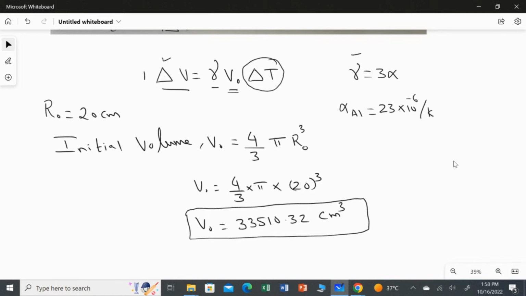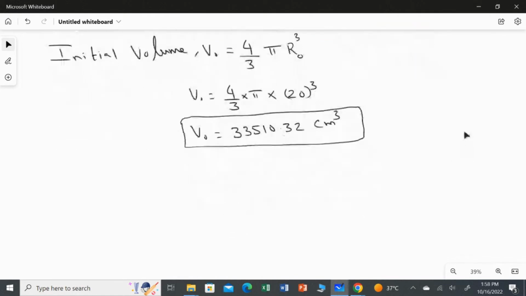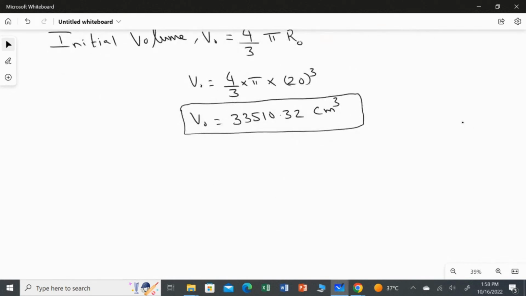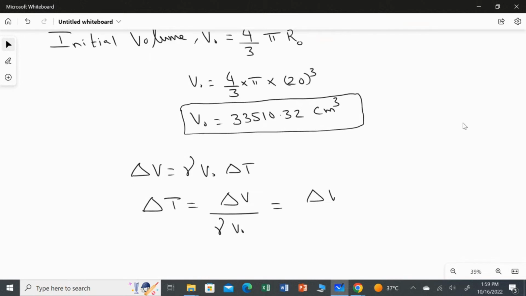Now we are going to use this equation for finding the value of delta T. Delta V is equal to gamma V naught delta T. We are going to find the value of delta T, so I'm going to rearrange this equation. Delta T is equal to delta V over gamma V naught, where gamma is equal to 3 times alpha, multiplied by V naught.